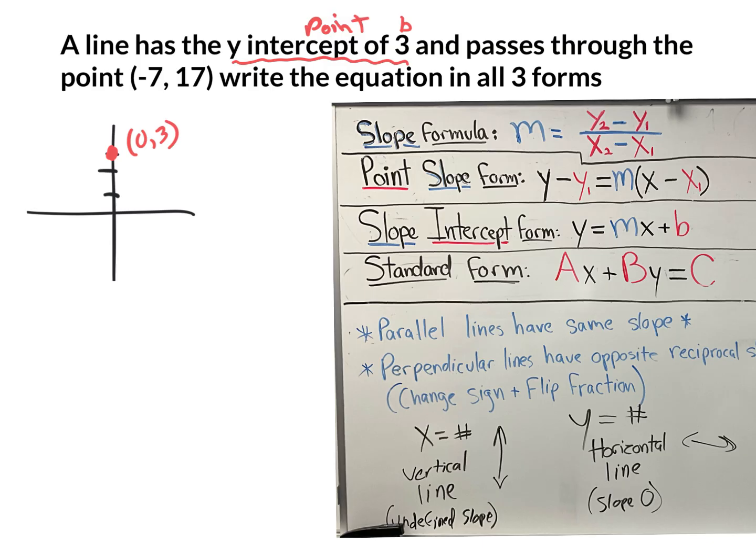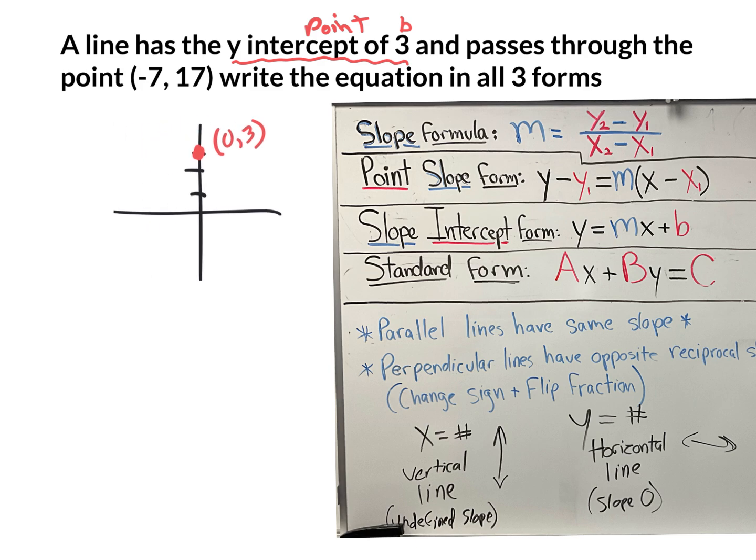And that point is 0, 3. So that's technically like an x1, y1. And the point -7, 17 is way up here, so it's going to be a line that's going down like that with a negative slope.